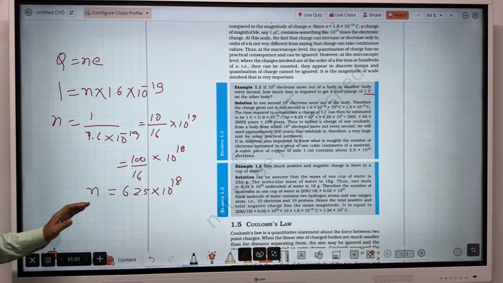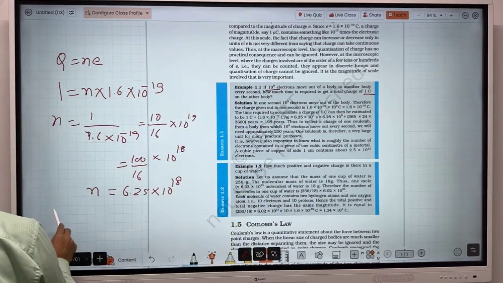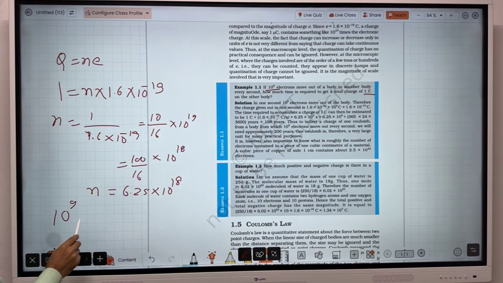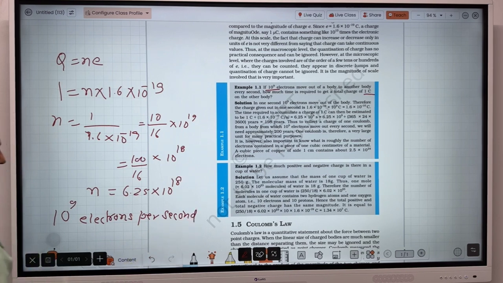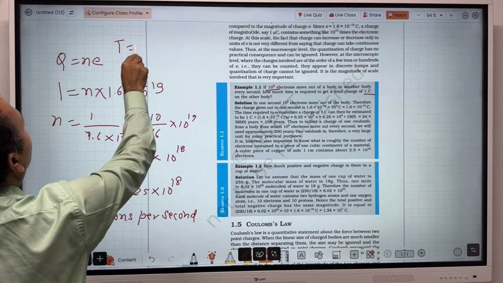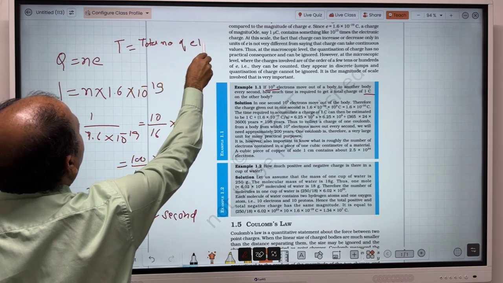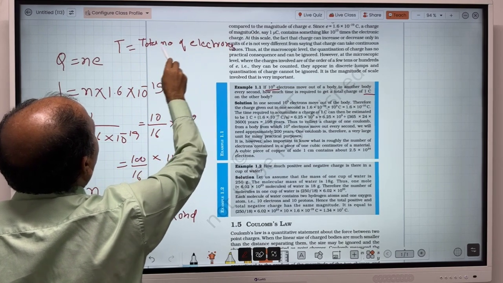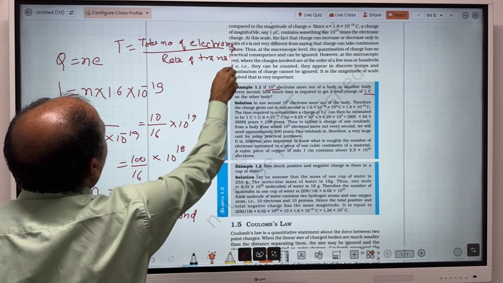So this many electrons are needed, and in our question 10 power 9 electrons are transferred in 1 second, electrons per second. So the total time is required. This is a simple unitary rule. So you can say time equals total number of electrons divided by the rate of transfer of electrons.